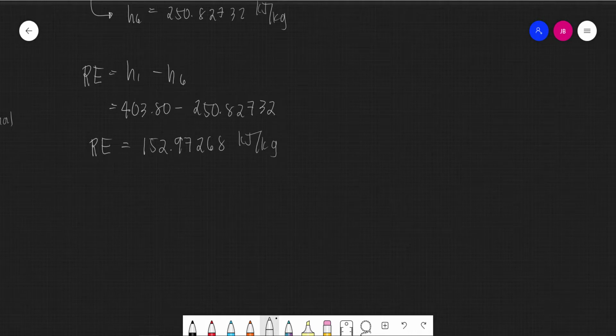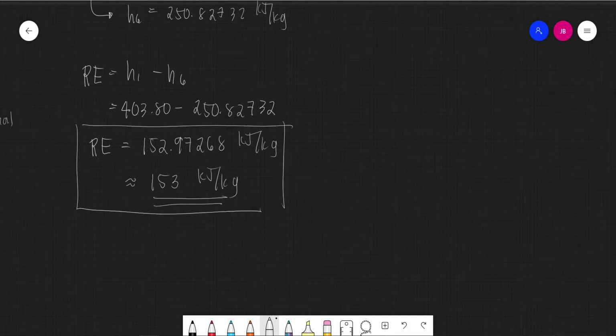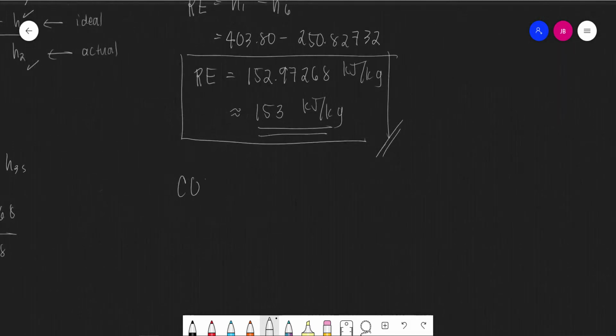So let's say around 153 kilojoules per kilogram. When you report it, you can just use this. But we will use the more accurate value for the calculation of COP. Next, COP is equal to H1 minus H6 divided by H3 minus H2. Okay?